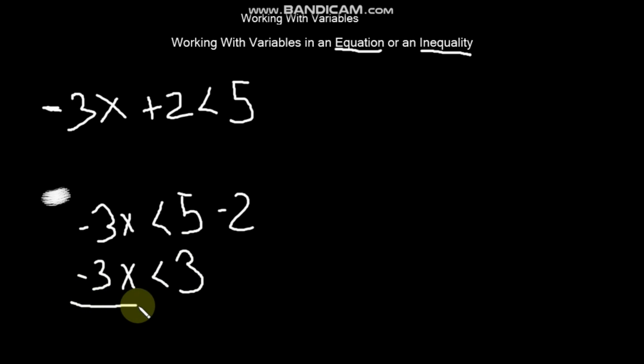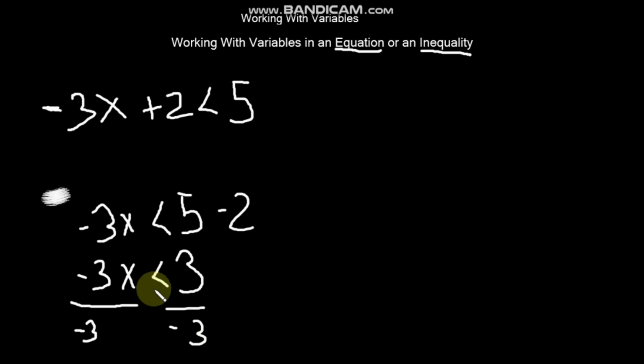And if we divide or multiply by a negative number, sorry, this is less than. If we divide or multiply by a negative number, this sign will face the other side.